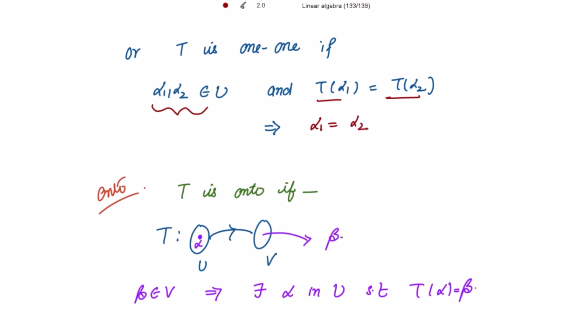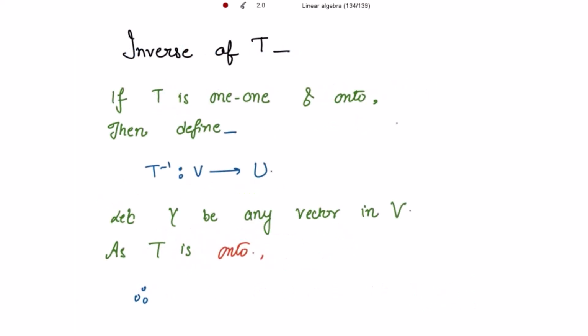Right? For onto, if T is onto, then for every beta belonging to the vector space V, there exists alpha belonging to the vector space U such that T of alpha is equal to beta. This is the definition for onto.